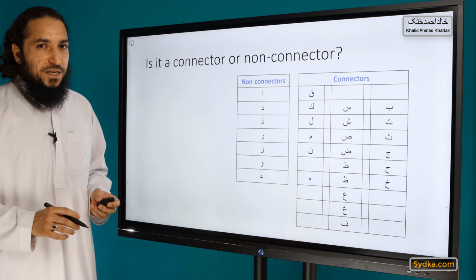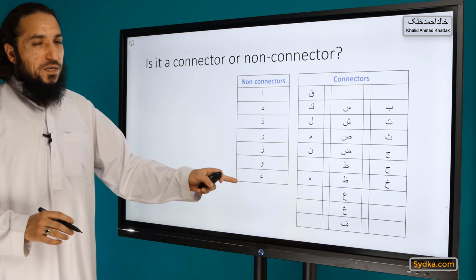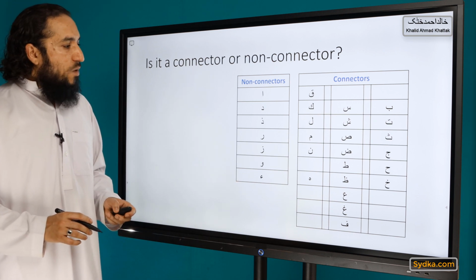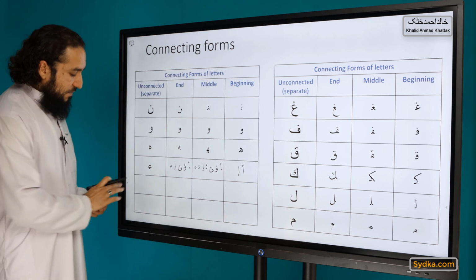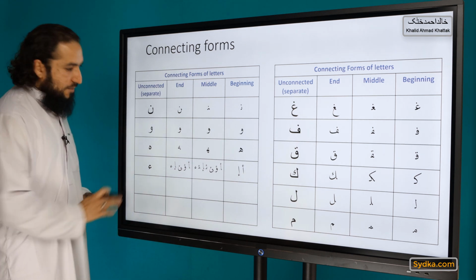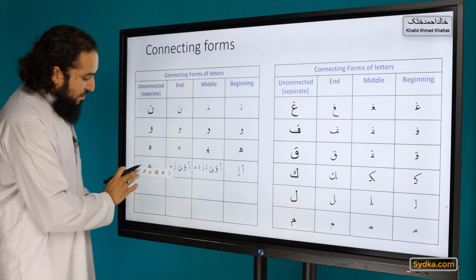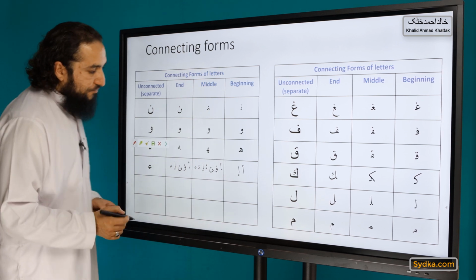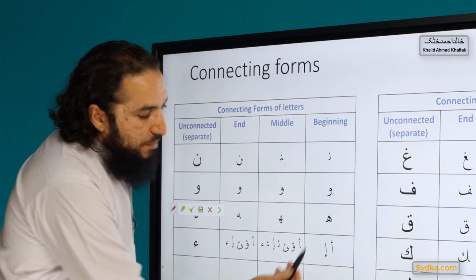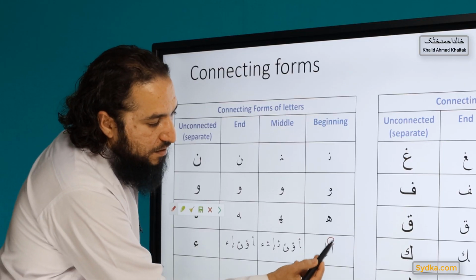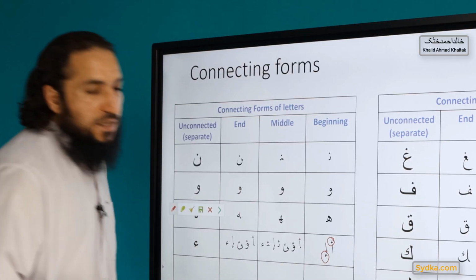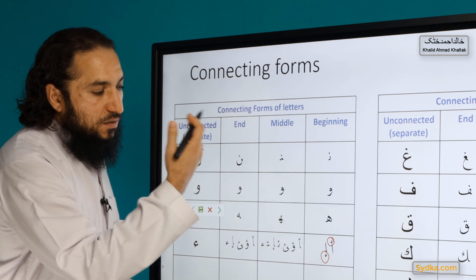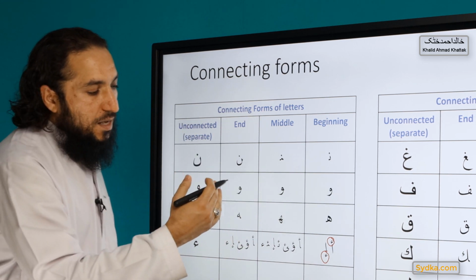So is it a connector or non-connector? It is one of the non-connectors. Why? Because if you see here, this is going to be a bit difficult to understand, but let's try. In the beginning, if you see Hamzah, it mainly either sits on alif or underneath.